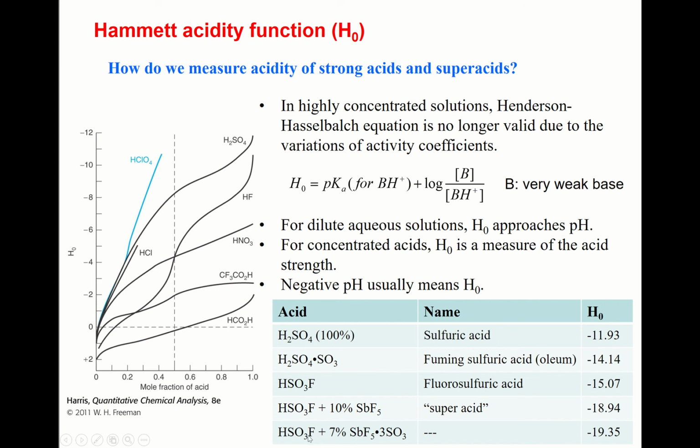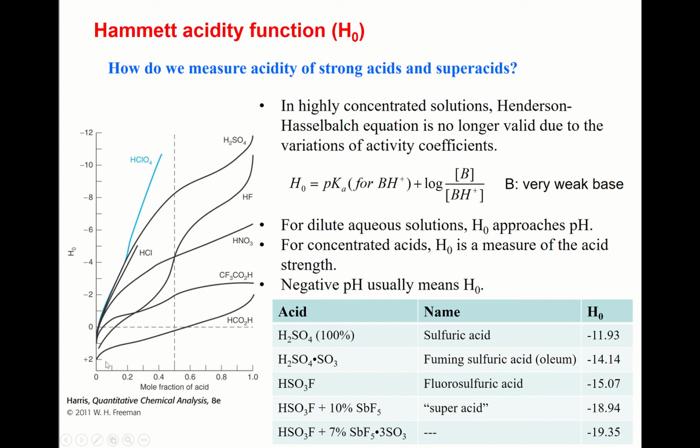And even this one, fluorosulfuric acid plus 7% antimony pentafluoride, and fuming, adding sulfur trioxide. In this case, the name is not given here, but for that, H0 is minus 19.35.